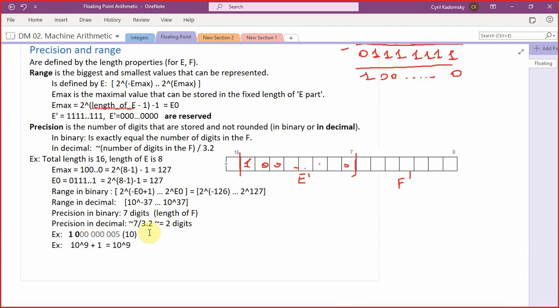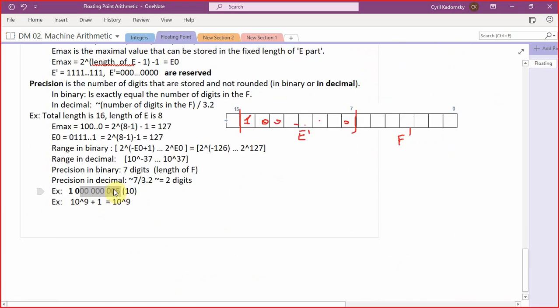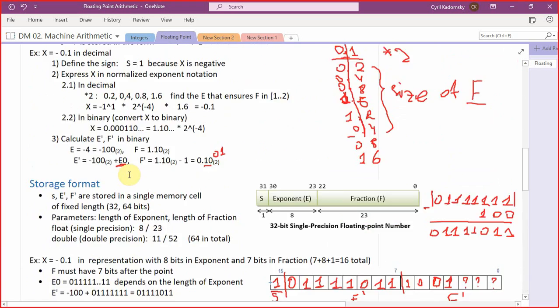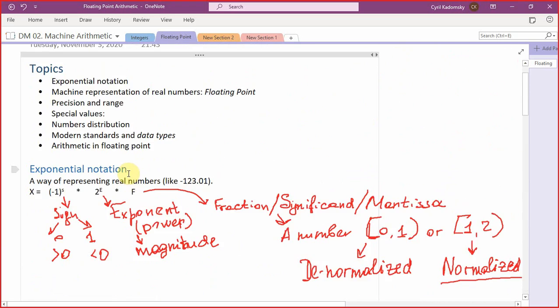Why? Because this 1 is added to the part which is rounded, which is lost, when we store our number in the floating point representation. Only the first two digits will be stored here. And that is why it's very crucial.